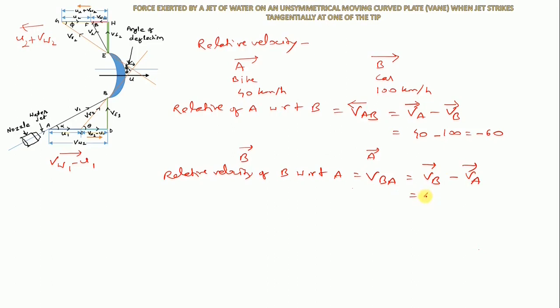So VB is 100 minus 40, which is equal to 60. So VBA direction will be like this, in forward direction. But in this case VAB is in backward direction. Suppose this is example 1 and this is example 2.